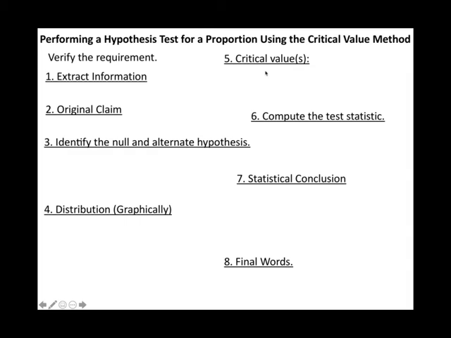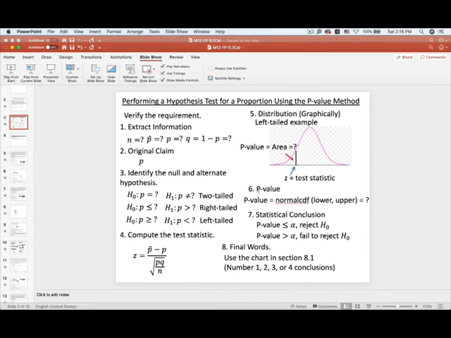So how do I know whether we'll be using the p-value method or critical value method? If you see the critical values here, it means I want you to use the critical value method. If you see step 6 here saying p-value, it means I want you to use the p-value method.